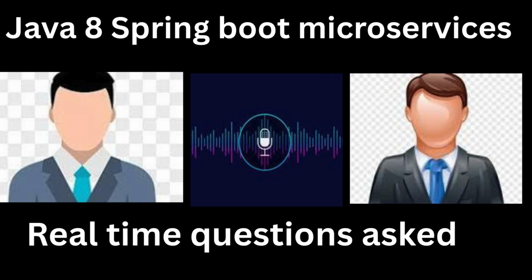By using method references, we improve code readability, and it simplifies the lambda expression. Method references can refer to a static method, an instance method, or any kind of method.